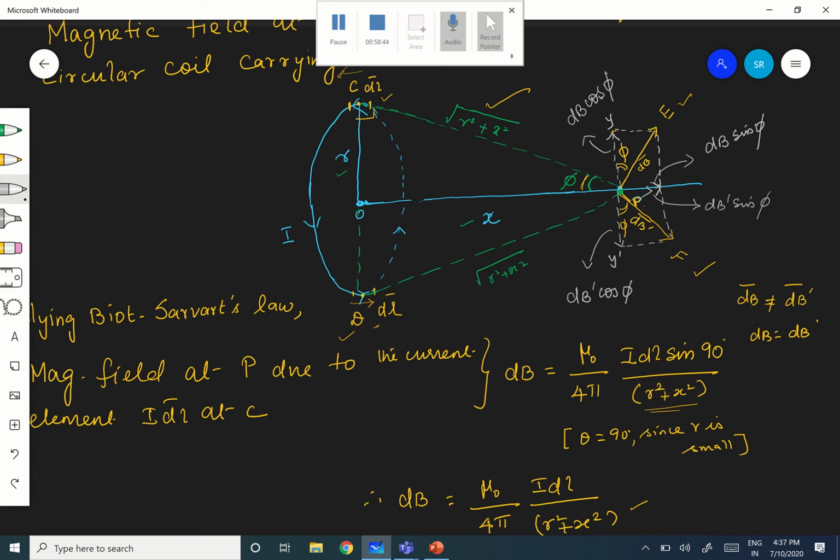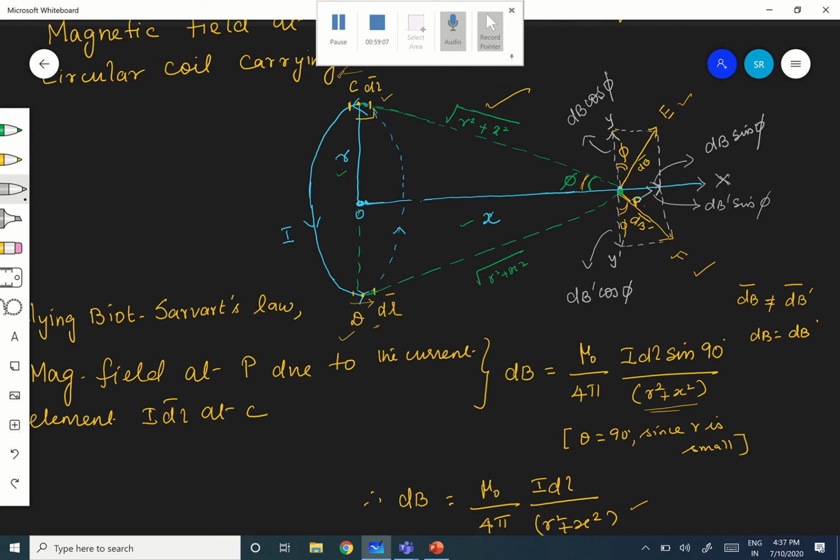This is the component of dB dash along x direction. Component of dB dash along x direction is dB dash sin phi. Component of dB along x direction. Along capital X, small x, so this one.